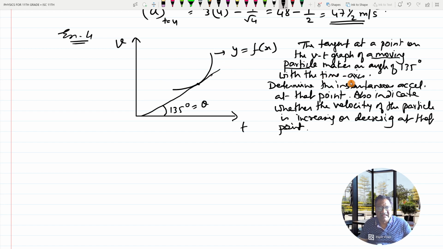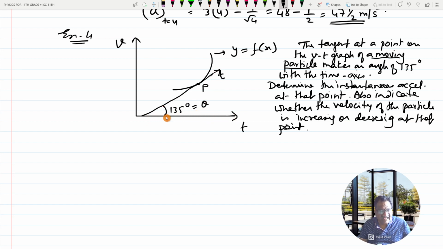And at a certain point, say this point, say P, okay, at this point P on the graph, there is a tangent drawn, and that tangent makes an angle of 135 with the time axis. So this tangent I have drawn, this is the tangent. Okay, this tangent is making 135 degree with the t axis, that is the time axis.